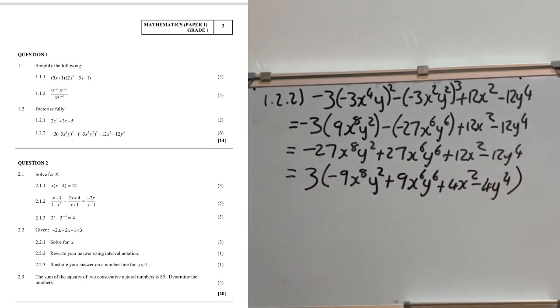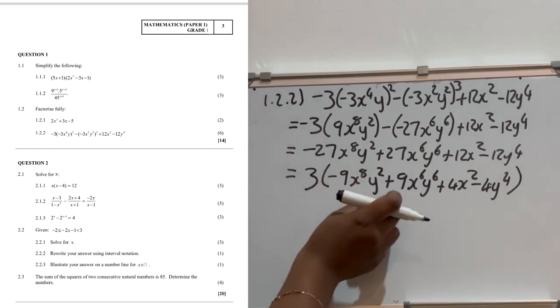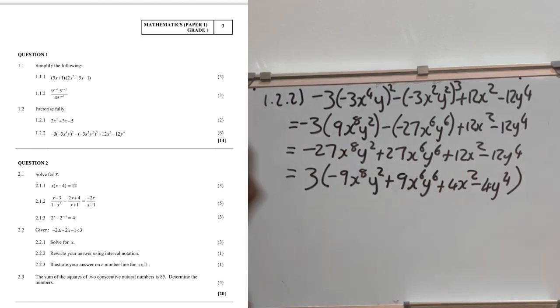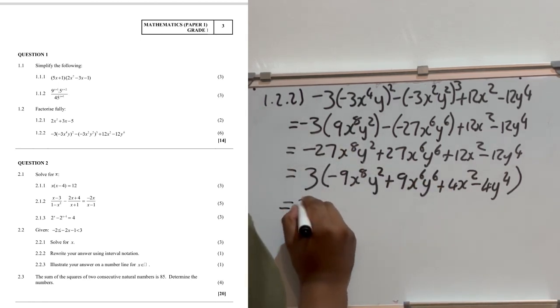Okay? So now we're going to see what we can group together. So I'm thinking of grouping this together and group that together. Okay? So I'm going to say 3.